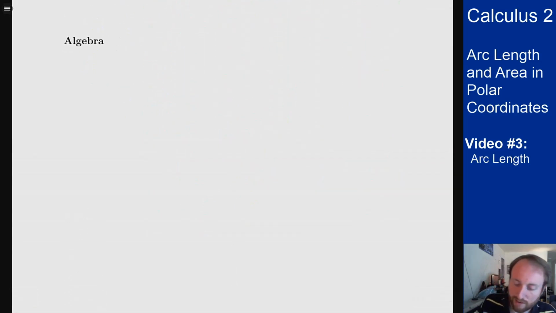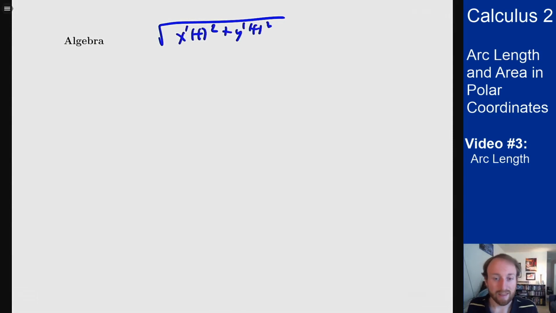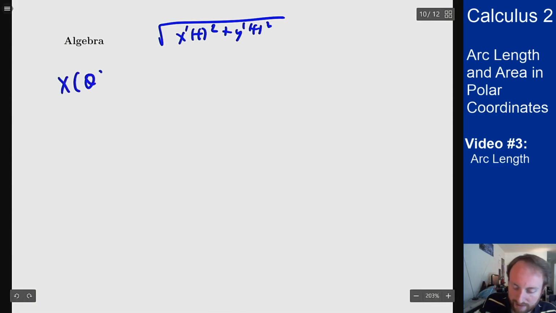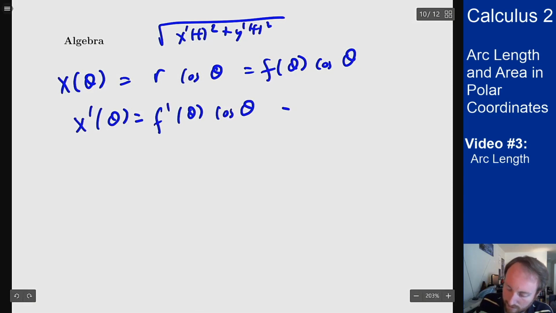So the point here is I want to figure out what this expression looks like: the square root of x prime of t squared plus y prime of t squared. That's what's got to go in my integral. So what do I know? Well, I know that x of theta, everything's going to be in thetas now, is r cosine theta, which is f of theta cosine theta, which then means x prime of theta should be f prime of theta times cosine theta minus f of theta sine of theta by the product rule.